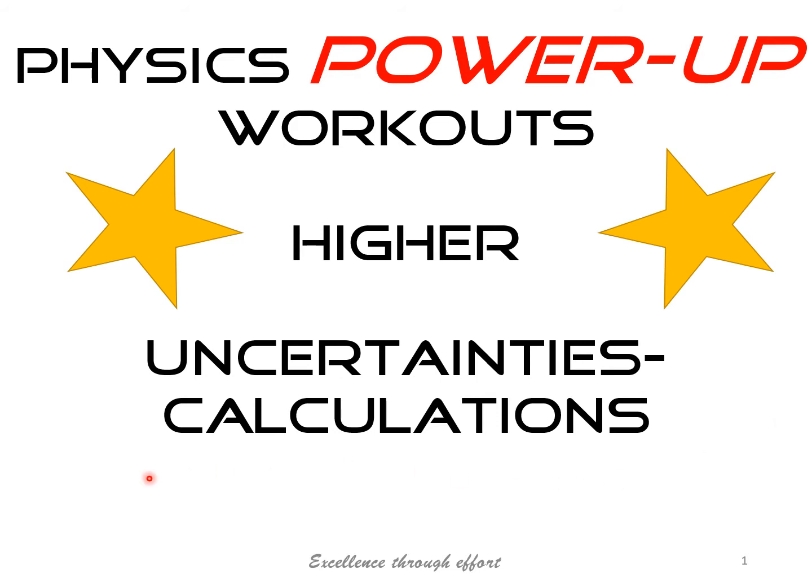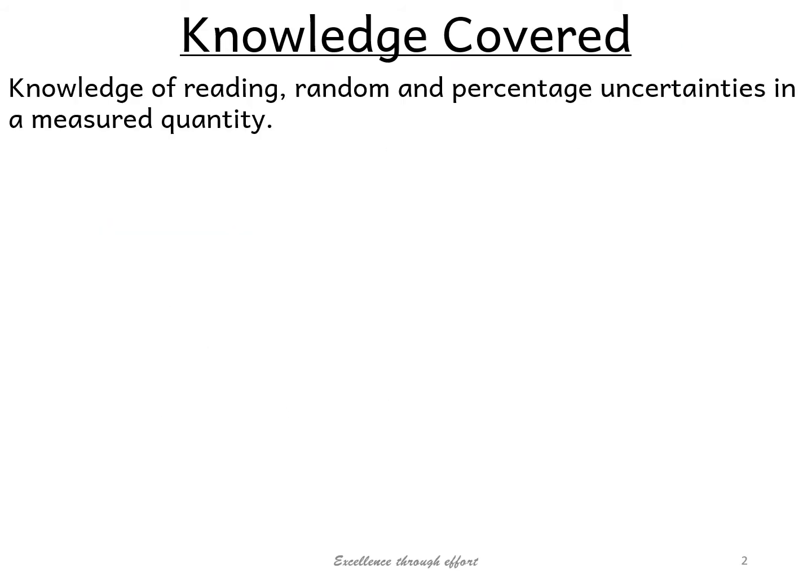So the very first one we're going to do is uncertainties, which is very well self-contained and fairly straightforward compared to some of the other stuff you've done in the course. So what is the relevant knowledge required for this power up workout? Well, first of all, I'd expect you to know what a reading and a random uncertainty are and how they are absolute uncertainties.